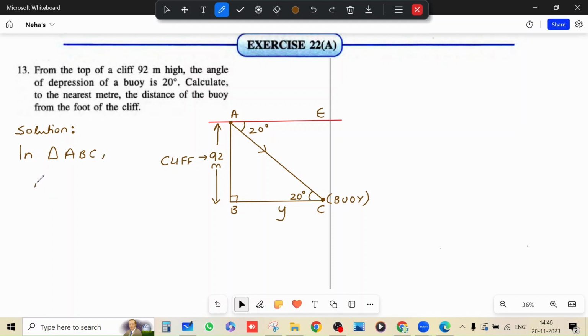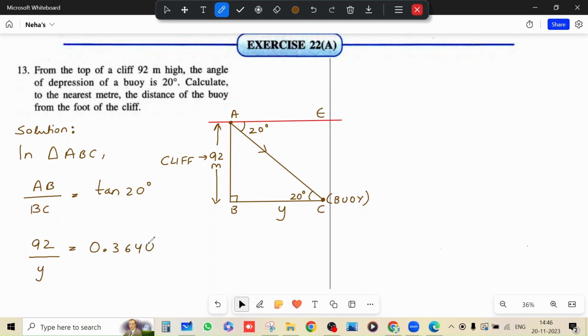So we will consider triangle ABC. Here AB upon BC is equal to tan 20 degrees. The value of AB is given as 92 meters. The value of BC, we have assumed it as y, and the value of tan 20 degrees from the trigonometric table of tangent is equal to 0.3640.